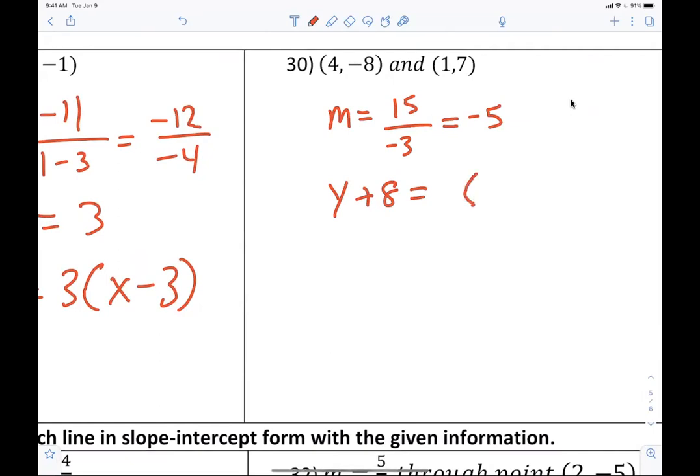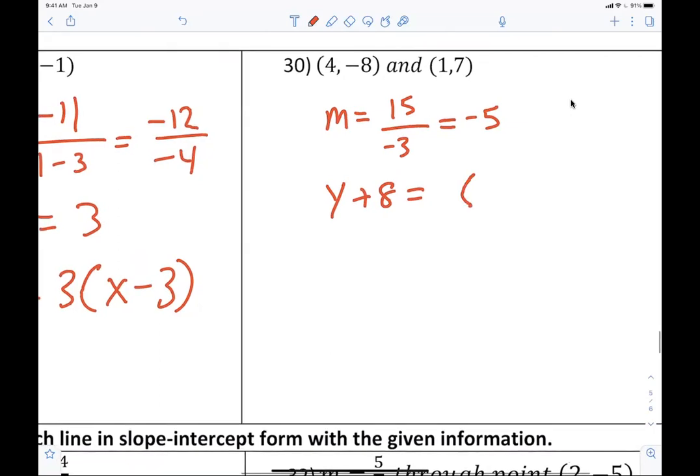Wait, is it 4? No, it's not 4. What is it? Leave her alone. 5. -5. Slow down, girl. That's exactly what you do. Slow down. Make your corrections. Nice. Simple, simple, simple.